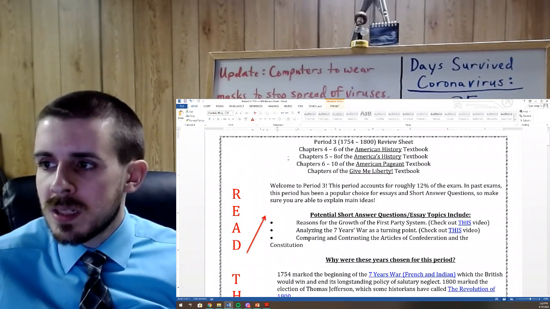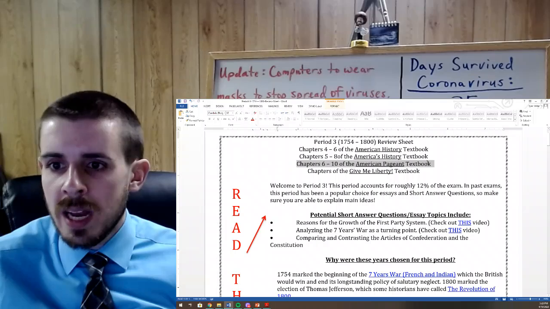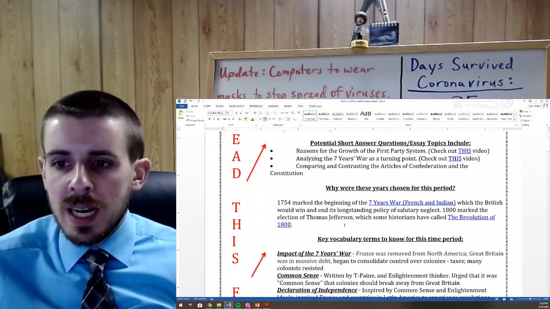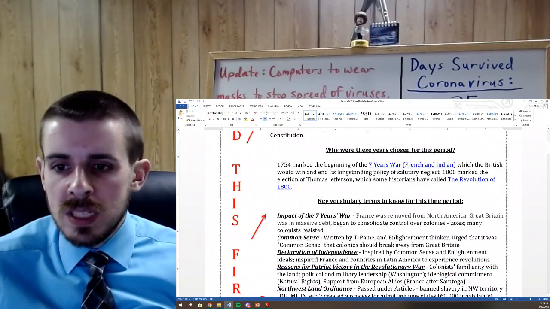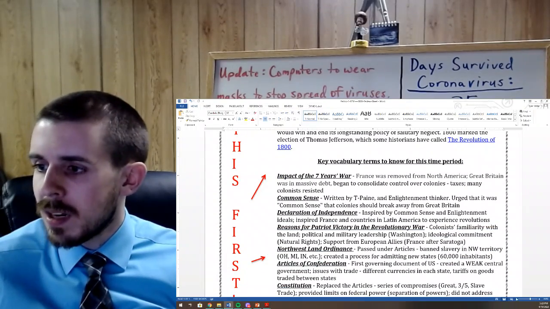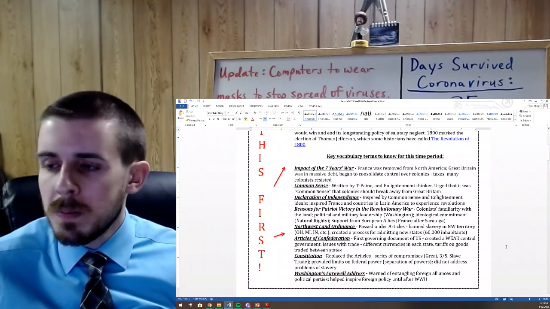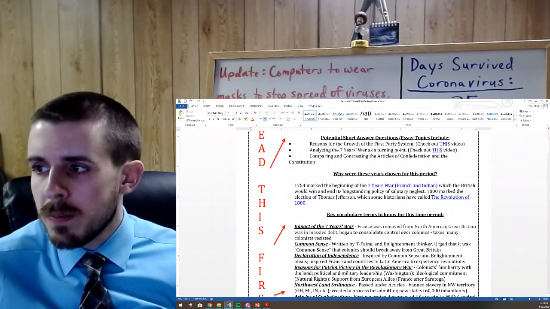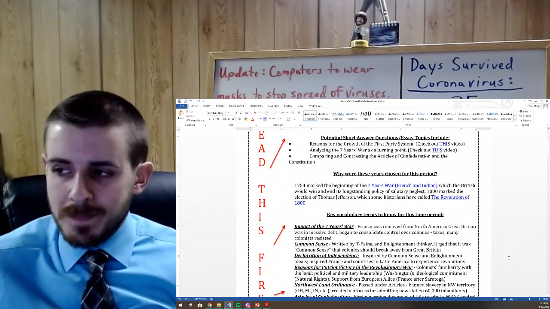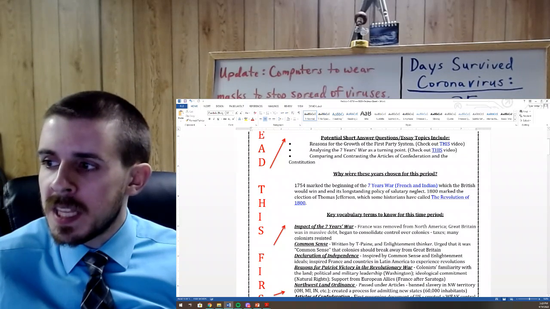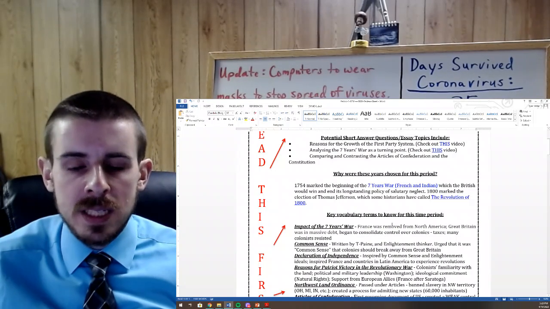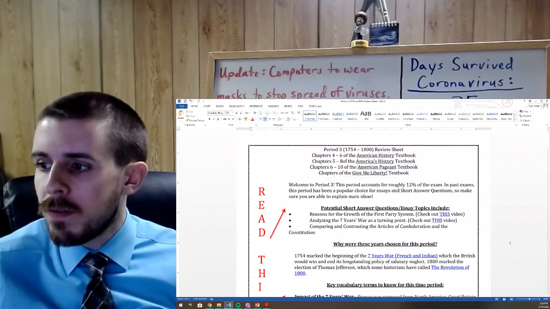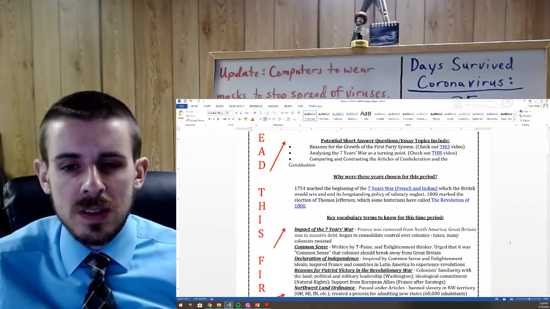It corresponds to chapters 6 through 10 of our textbook at the top there. So for period 3, we've got a bunch of stuff on the first couple pages that are just background information, but also key vocab terms, bookends of the period. Why is this period the years that it is, 1754 to 1800?